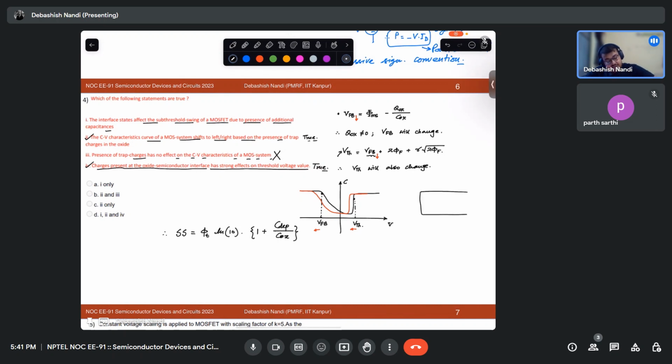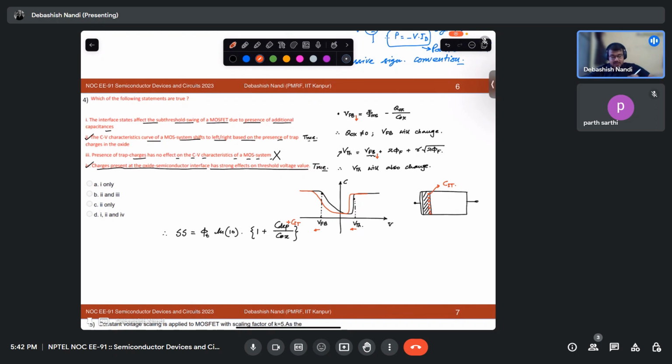If you do the field line derivation, a simple derivation, it is given in the lecture also, if you have some positive charges here, this will add a capacitance CIT.